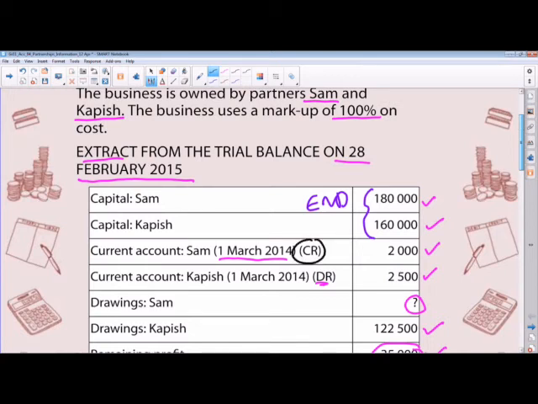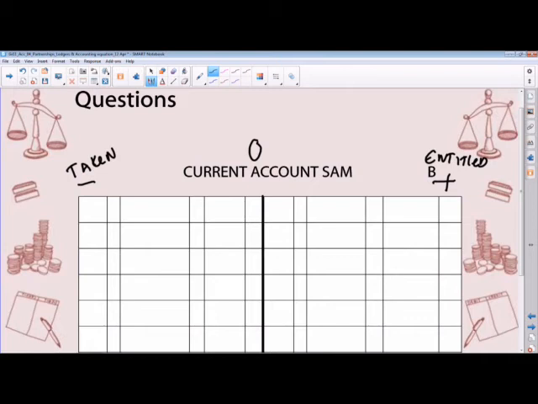So let's bring down that 2,000. On the 1st of March 2014, he has a credit balance brought down of 2,000.